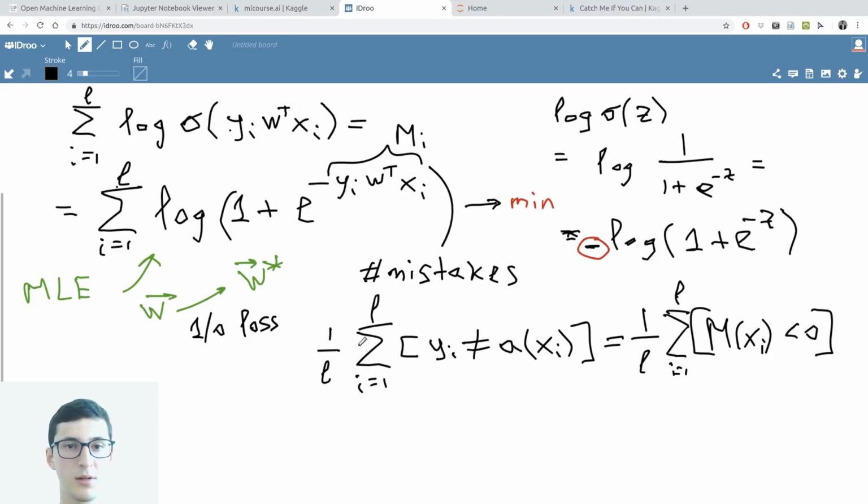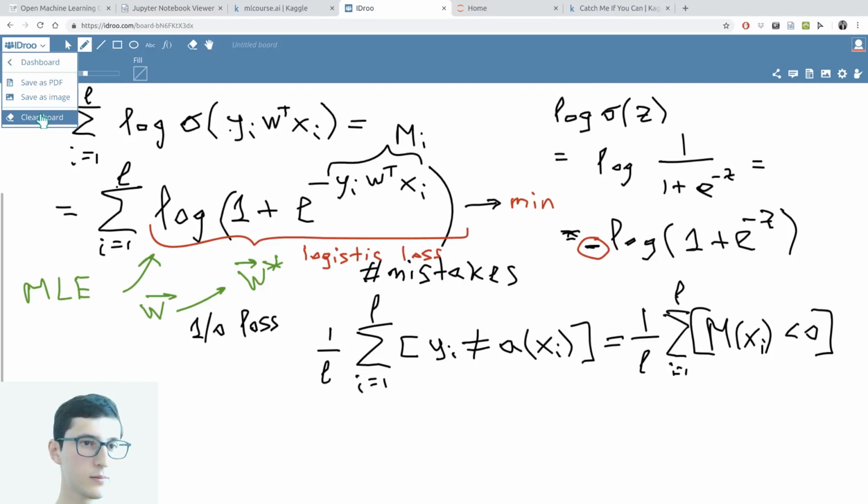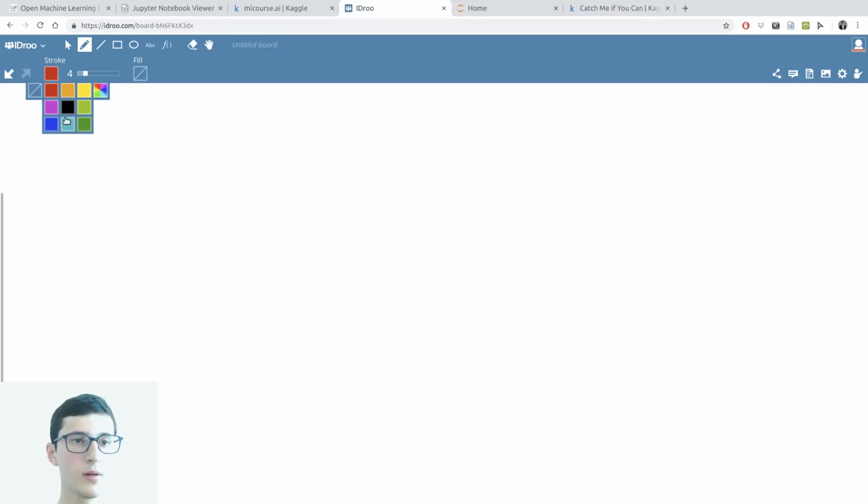Okay, let's just take a look at how it differs from this expression, which is called logistic loss. So what we see here we'll call logistic loss. So how does it differ from 0-1 loss?